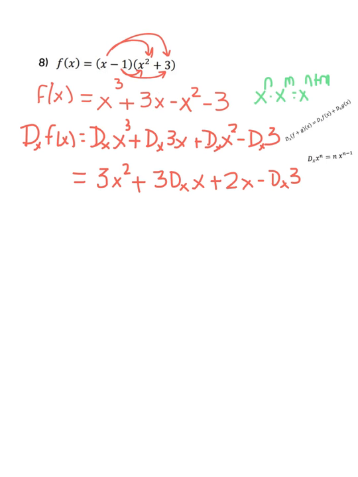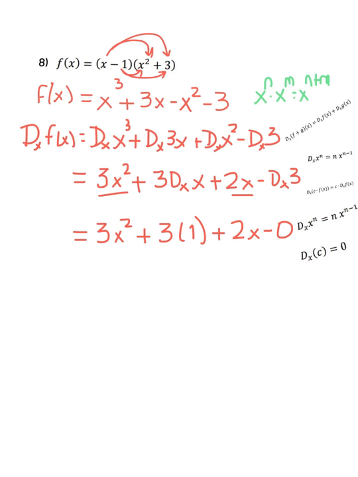So I use the power rule on the first and on the fourth term. On the second term, I use the constant times a function rule. And I will use again the power rule to obtain the derivative of x. So this will be 3x squared plus 3 times 1, which is the derivative of x, plus 2x minus 0. These are the two rules that I use.